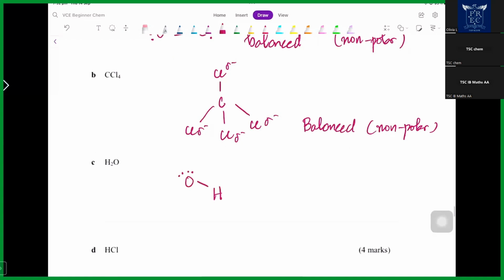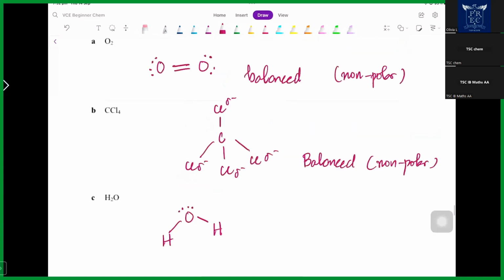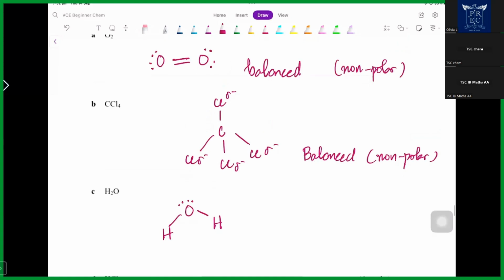Is it balanced? They are all balanced. They are all pulling in the opposite directions. So isn't it that all the forces are balanced? Remember, if it is a balanced structure, it's non-polar.